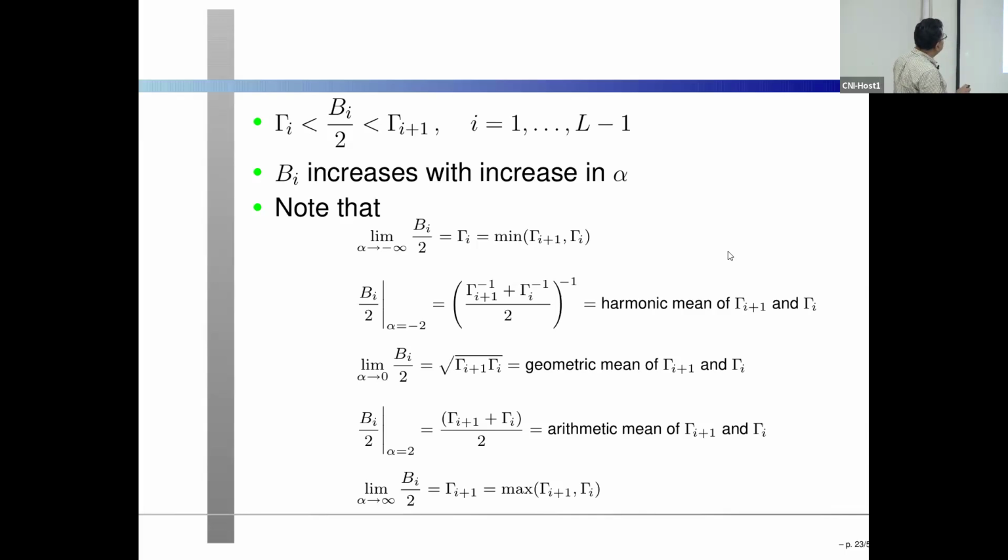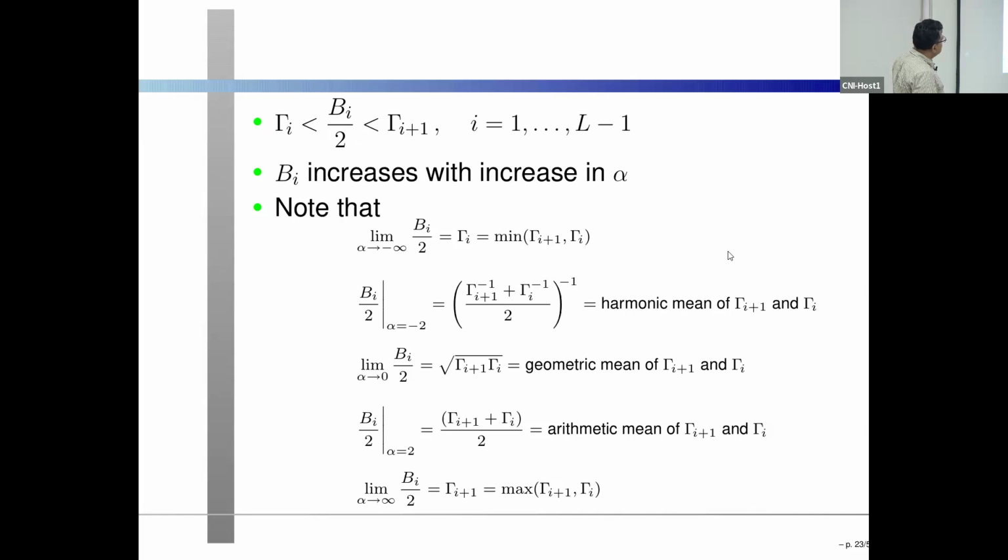Taking the extreme cases first, for alpha tending to minus infinity, BI by 2 will be gamma I, which is the minimum of these two. The other extreme, alpha going to infinity, gives gamma I plus 1, the maximum. In between, alpha equal to minus 2 gives the harmonic mean, and alpha equal to plus 2 gives the arithmetic mean.